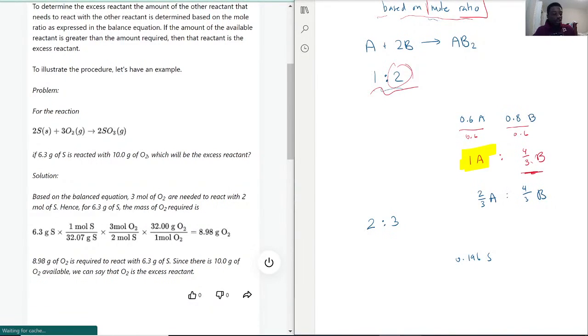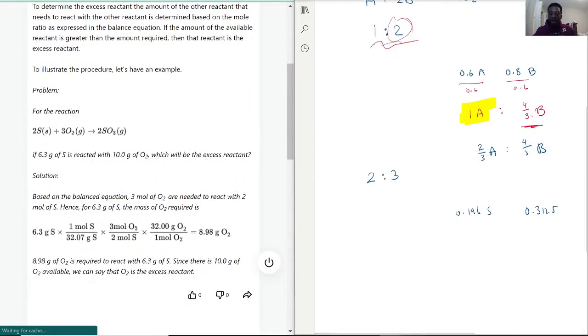And in the oxygen, we have 10 grams, and it's 32 grams because there's 2 oxygens there. So 10 divided by 32, we get 0.3125. And as we said, we divide by the lowest number to see at least what it is.